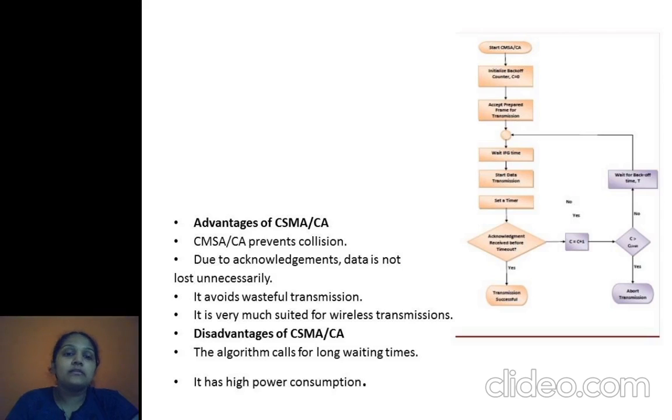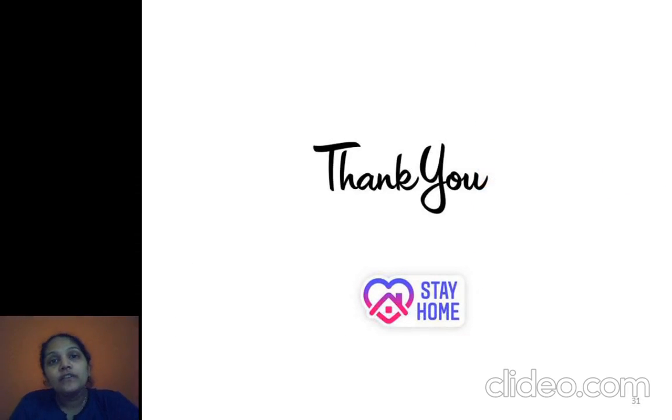So it is a drawback that it has a long waiting time. And the second thing is it has high power consumption. Obviously, if all channels are ready to send, it consumes power, but if they can't send, then the power consumption is much more. So these are the advantages and disadvantages of CSMA-CA.